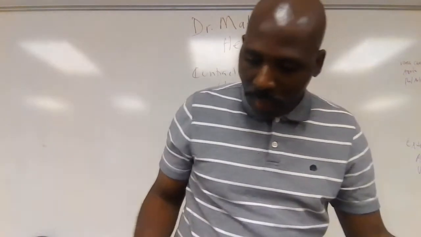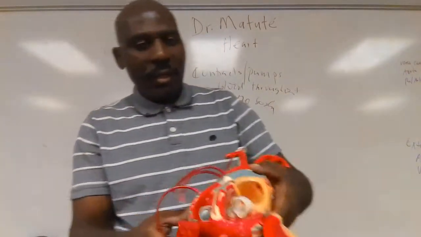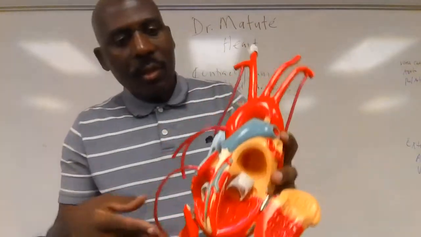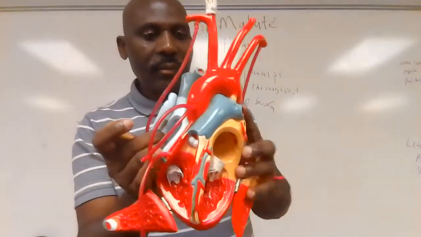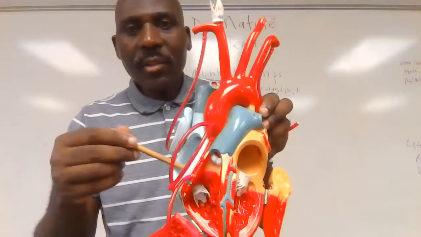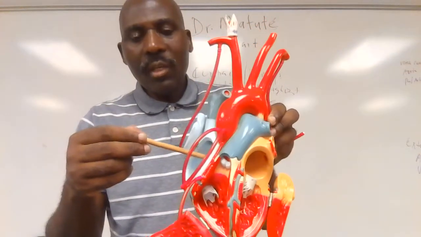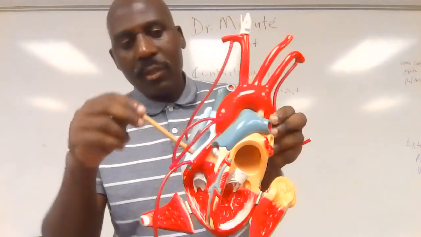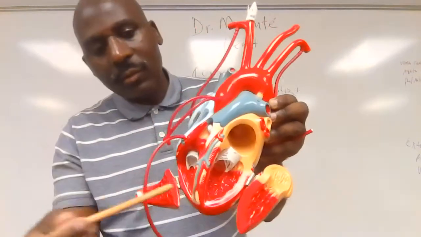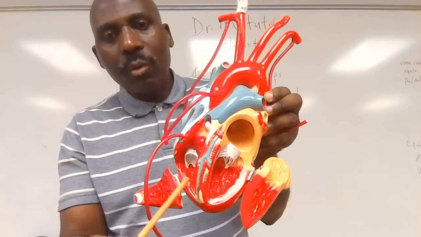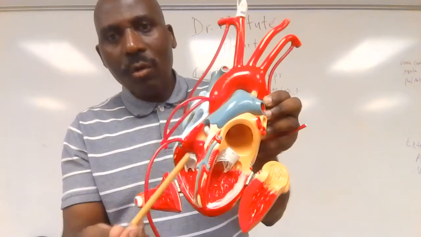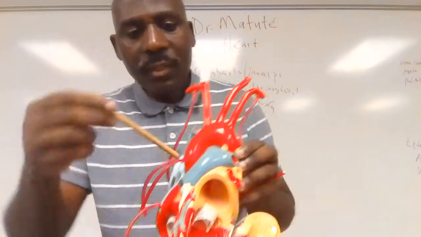So let's use this other model right here. This is the right atrium. It receives oxygen-poor blood. It transfers it down to the right ventricle, and then the right ventricle will pump this blood out of the heart to the lungs for oxygenation.